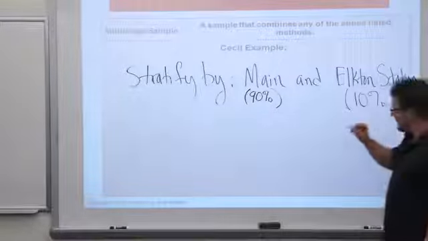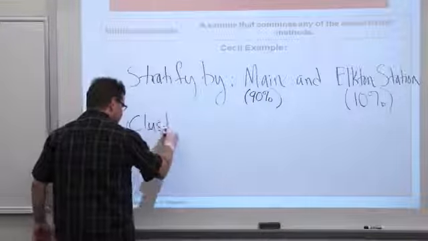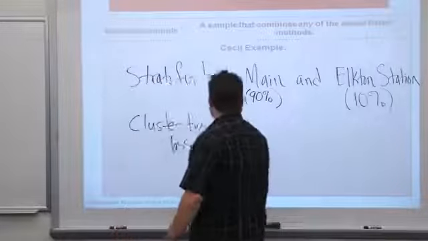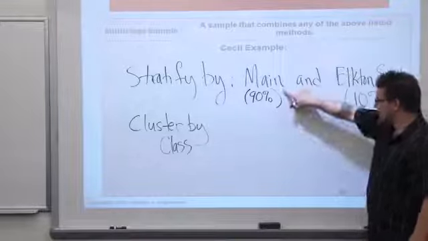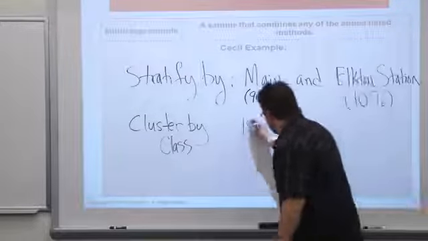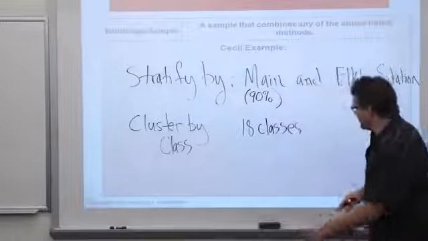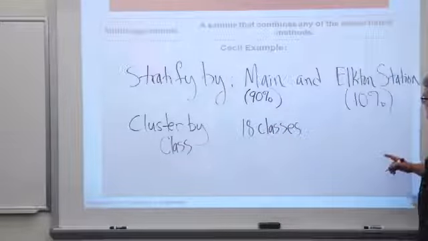I don't know if that's even close to the breakdown, but it's my best guess, and these are nice sounding numbers. Now that I've stratified, I will cluster by class. I'm going to pick 18 classes on main campus and sample those. Every student that's present in the 18 randomly selected classes will be part of the sample.